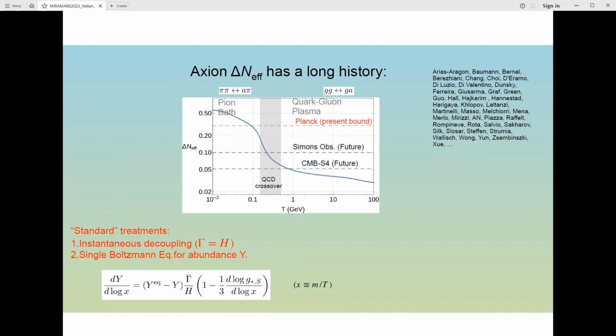We go beyond this approximation because we actually improved this treatment by using, first of all, a momentum-dependent Boltzmann equation, which turns out to be rather important. And also, we recomputed the scattering rate here, taking into account the fact that perturbation theory actually fails in this regime. Okay.